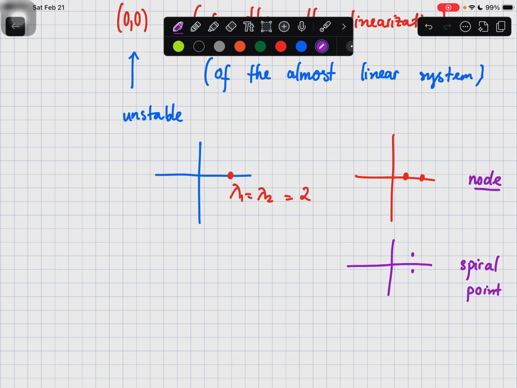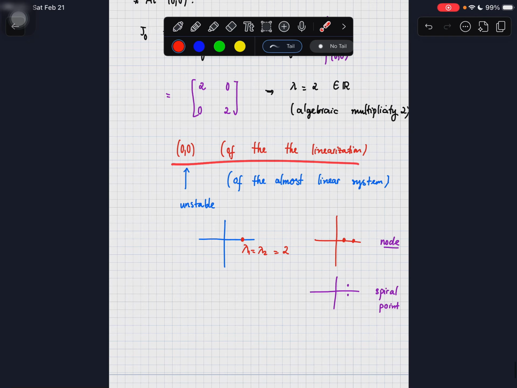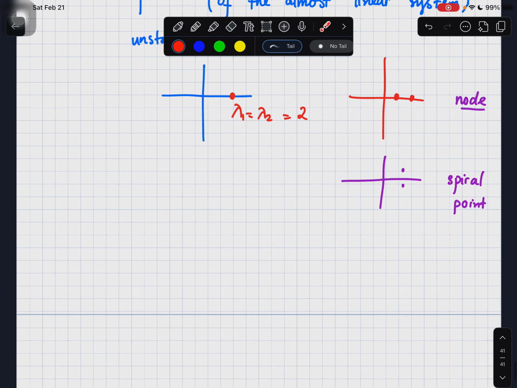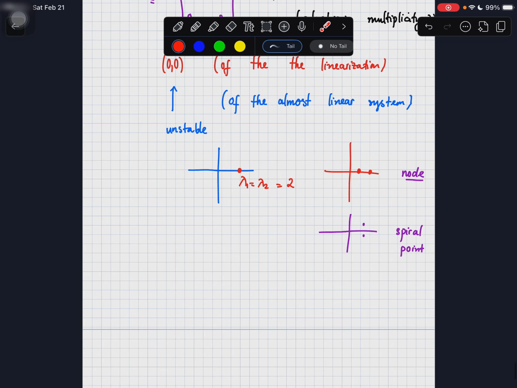For the critical point 0, 0 of the almost linear system, let's think about this. If you have a spiral point, it will look like this, or like this. I don't care whether it is clockwise or counterclockwise.